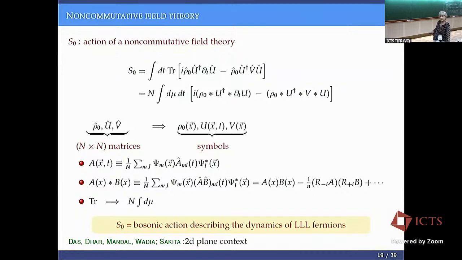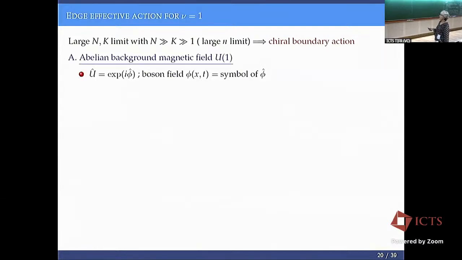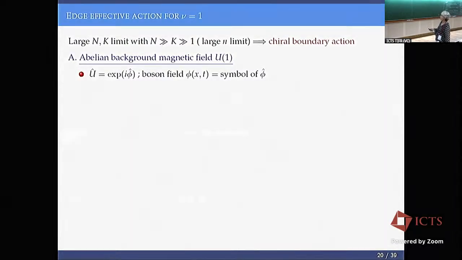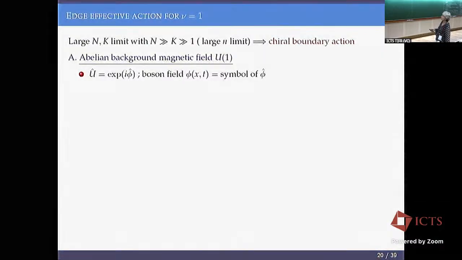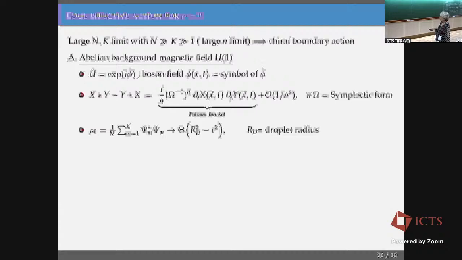The surprising result is that once I take that large n limit, this action becomes a chiral boundary action. Okay, so let me show you that. Let's say that we have only an abelian background magnetic field. So we can write this matrix U as e to the i phi, and we can define the symbol for this phi. This is the boson field. Let me come to the result.